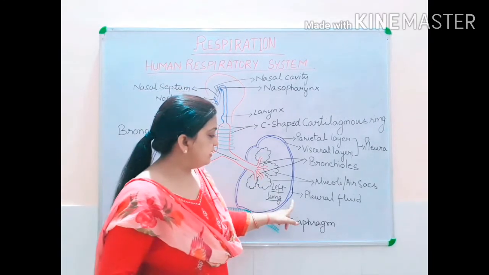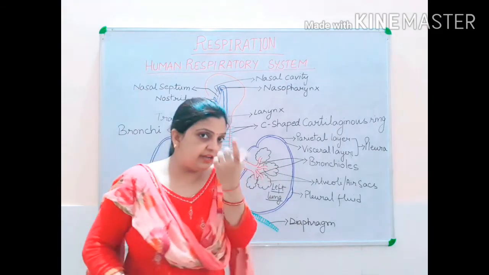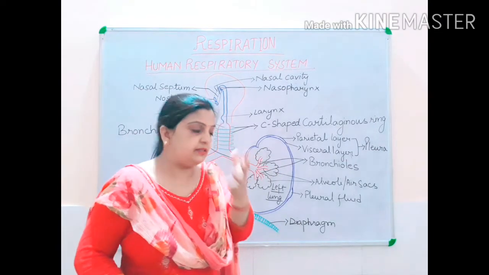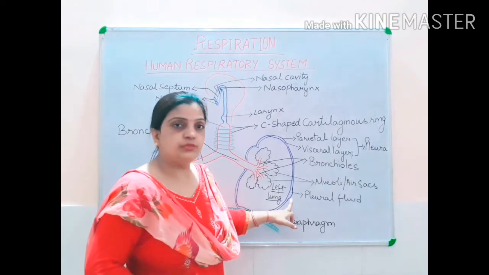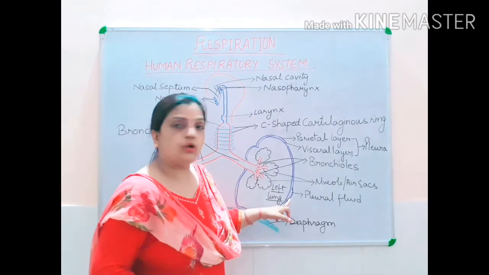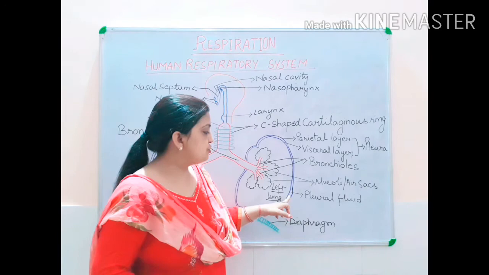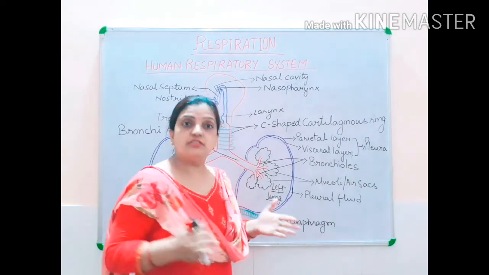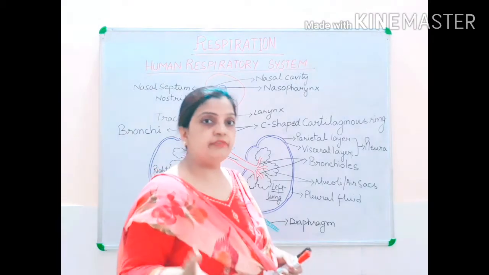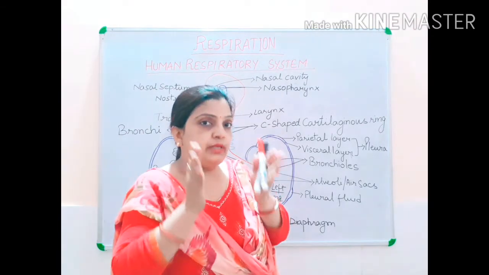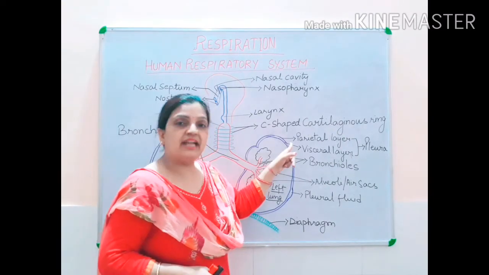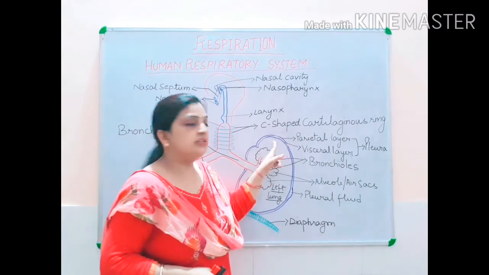Now children, one more thing you can see: I have not drawn the complete lung portion, only one small section I have enlarged. In the enlarged portion I have shown a dotted portion, and this dotted portion is called pleural fluid. What is pleural fluid? A type of fluid which is present in between the two walls of the pleura. The outer wall is parietal and the inner wall is visceral.